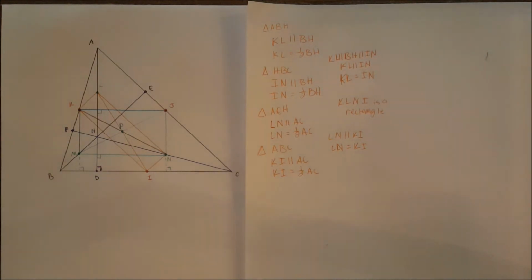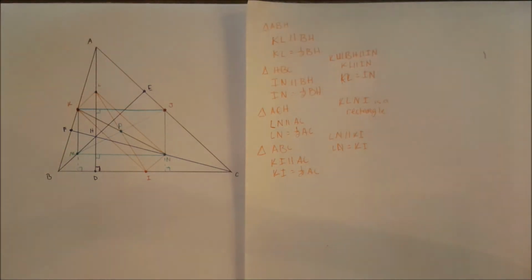When looking at the triangle, we see that LI is the hypotenuse of the triangle, but LI is also the diagonal of rectangle KLIN, and we already found that L and I lie on the circle. So since angle LDI is 90 degrees, and the hypotenuse of this triangle is also the diameter of the circle, D must lie on the circle.